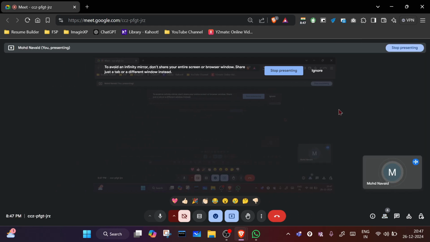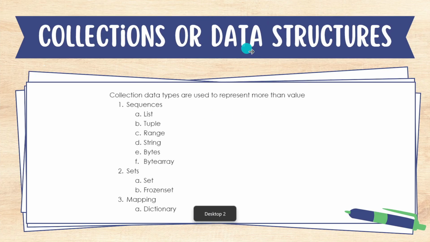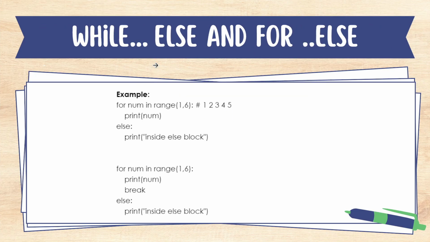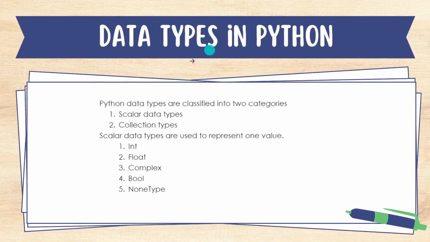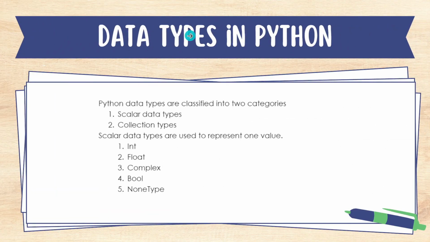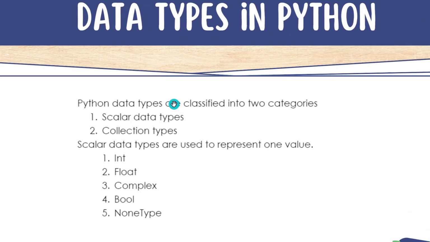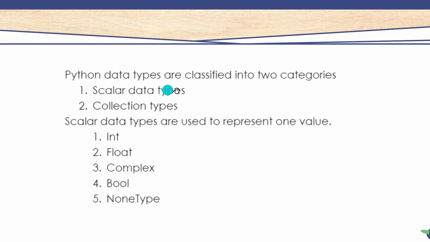Okay, so today we are going to discuss data types in Python. What are the different data types in Python? In Python, we divide data types into two categories. One is scalar data type. What is the meaning of a scalar data type?